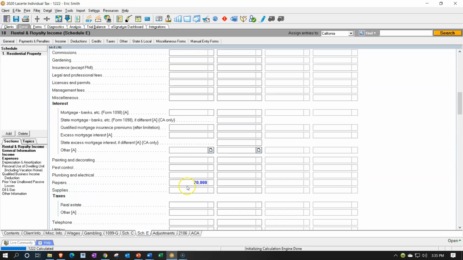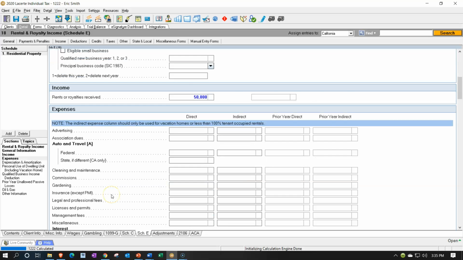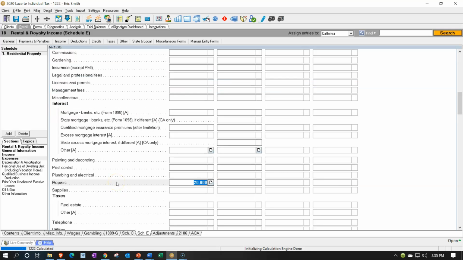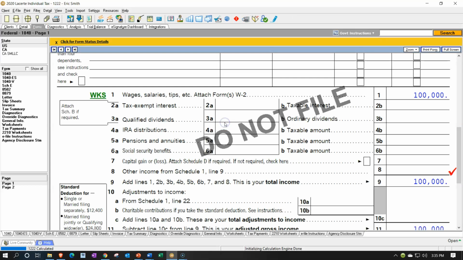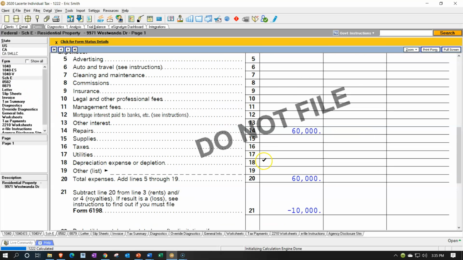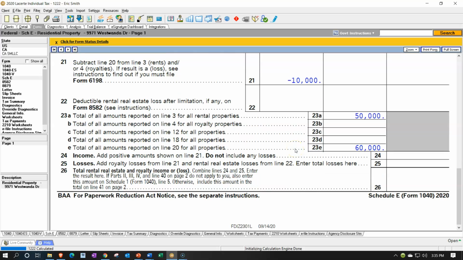So if we put the loss down here and say, okay, let's say we had that $10,000 loss again. So I'm going to say 60,000. That's going to result in a $10,000 loss. And we said that they did not actively participate, and go back on over. So we've seen this in prior presentations, so I'll do this a little bit quicker. And so we've got the loss. It's here, but it's not pulling over. So we got the 10,000 loss, but we don't get it because they're saying they didn't actively participate.